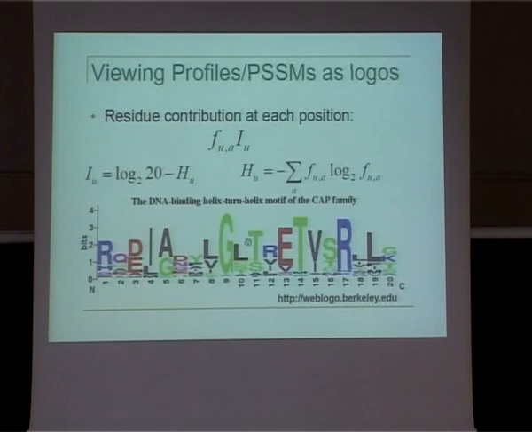So if it has smaller entropy, we take the reverse of it here, and it's going to appear larger. This I is going to be larger if that column has a smaller entropy. If more conserved, smaller entropy, and it appears larger in this representation.